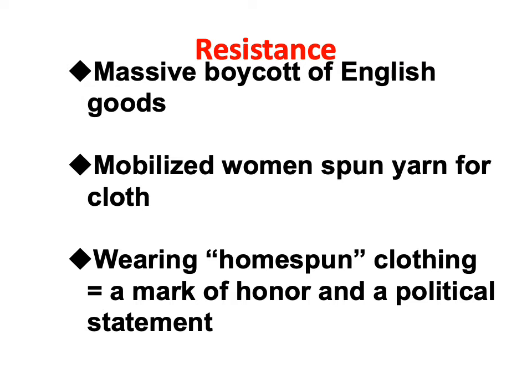And this was called wearing homespun clothing. Homespun means that they spun the cloth at home, and this became a political statement. And so you had very wealthy women who previously had worn imported fashions from Europe, now wearing very poorly designed and poorly made homemade clothing.